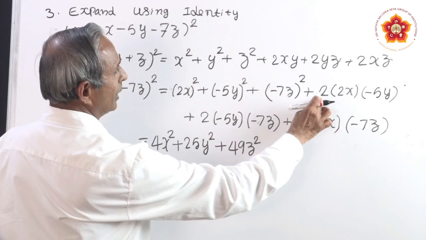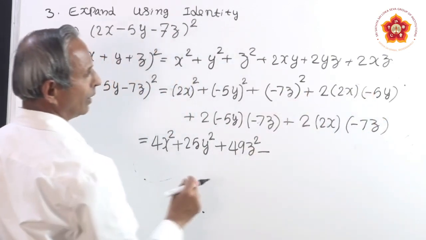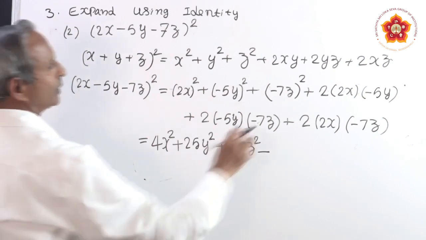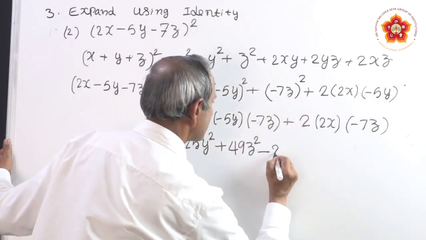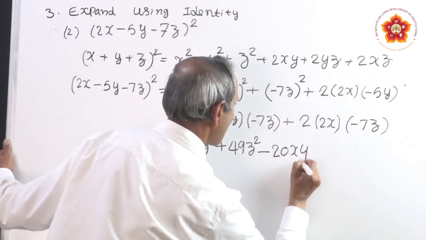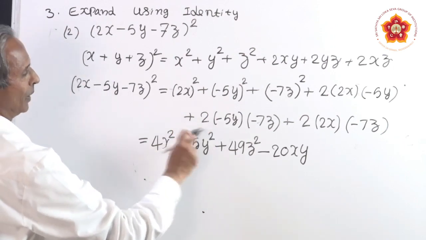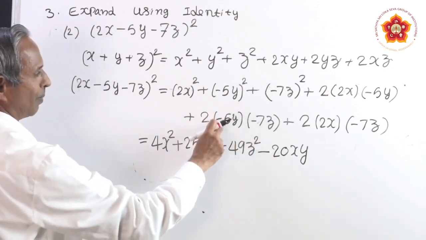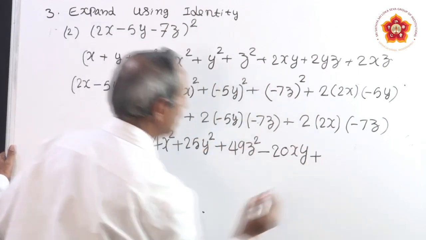Let us multiply the sign first, plus into minus, you will get negative sign. Now let us multiply the numbers, 2 into 2 is 4, 4 into 5 is 20, x into y becomes xy. Let us move to the next term and multiply the sign first, minus multiplied by minus is plus, plus into plus, you will get plus sign only.